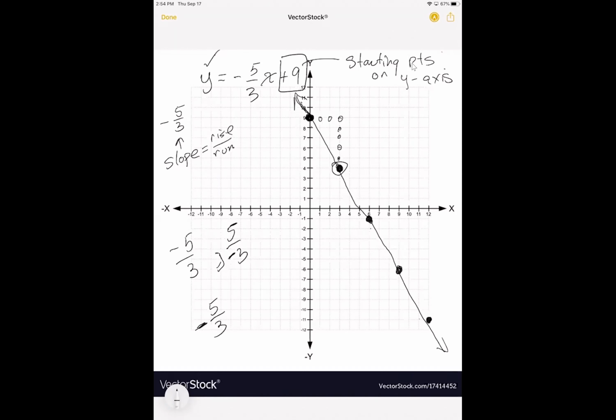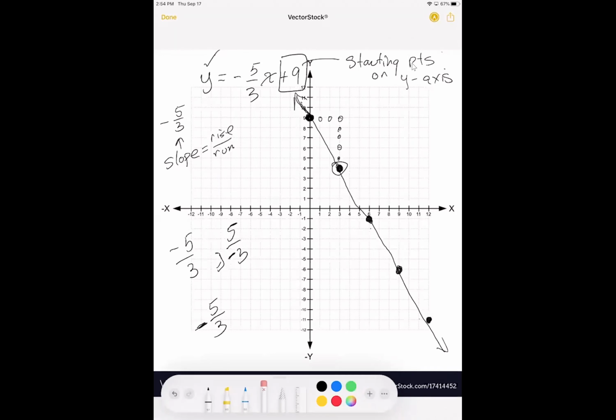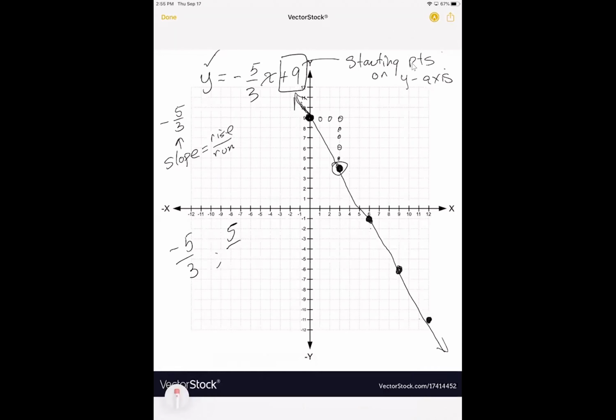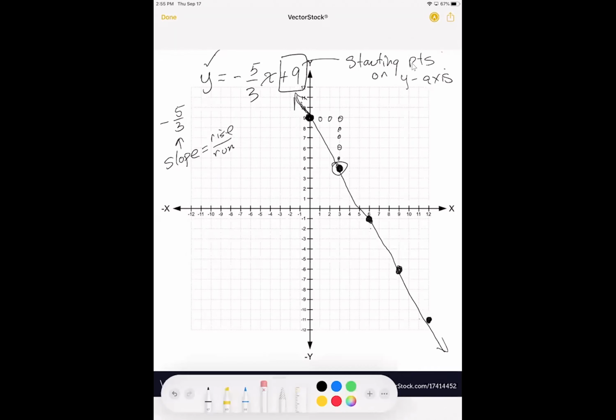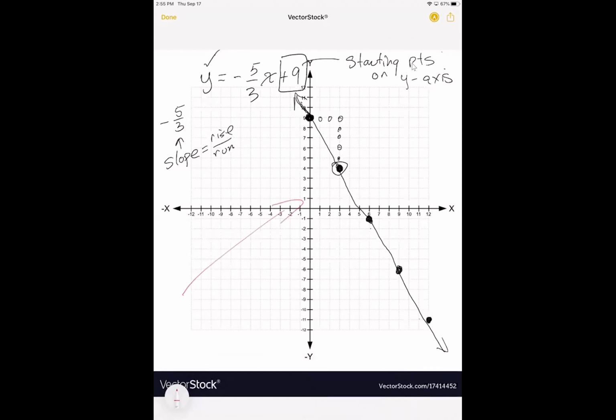Remember, left to right. If you go from left to right and the graph is going up, it's an increase, it's a positive slope. If you go from left to right and it's going this way, it's decreasing, then it's a negative slope.